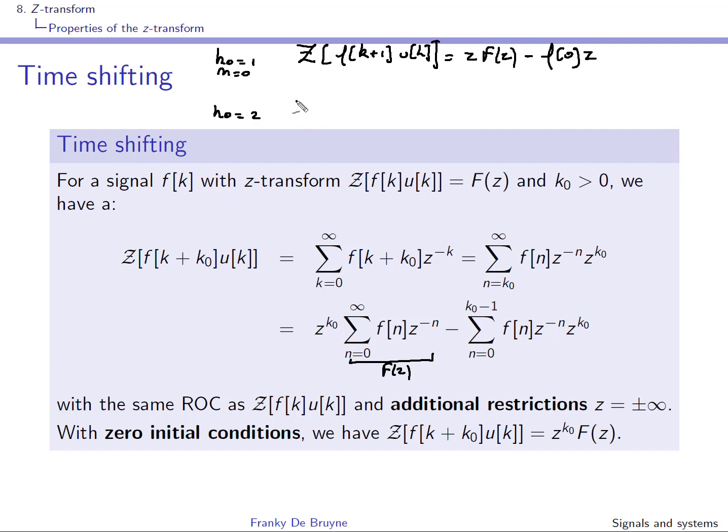So let's apply this when you consider a sequence that has been shifted to the left by 2. This is again F(z), k0 is 2, so it's z squared F(z).